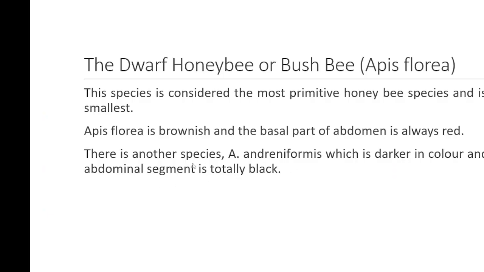There is also another similar species, Apis andreniformis, which is darker in color, and the first abdominal segment is also totally black. So this is the second species which is similar to that.